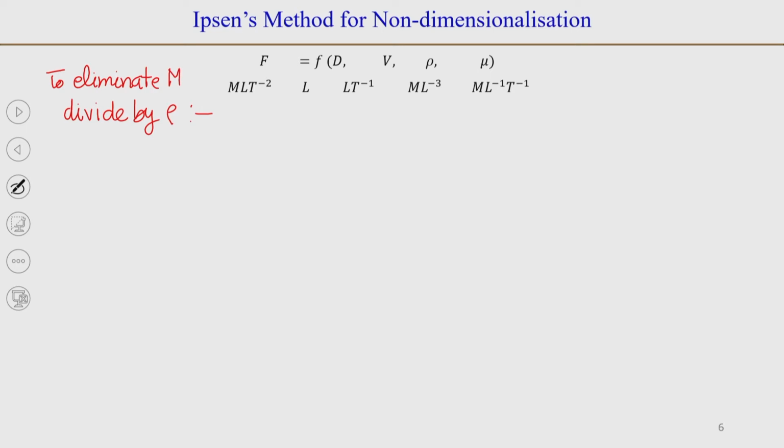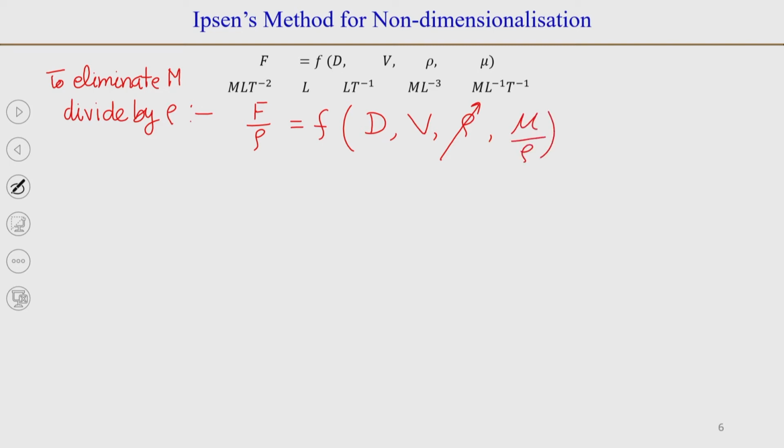So, if we do it, F by rho will be a function of D, which remains same, V remains same, and we will have rho by rho. So, this variable has become dimensionless, and then we have mu by rho.